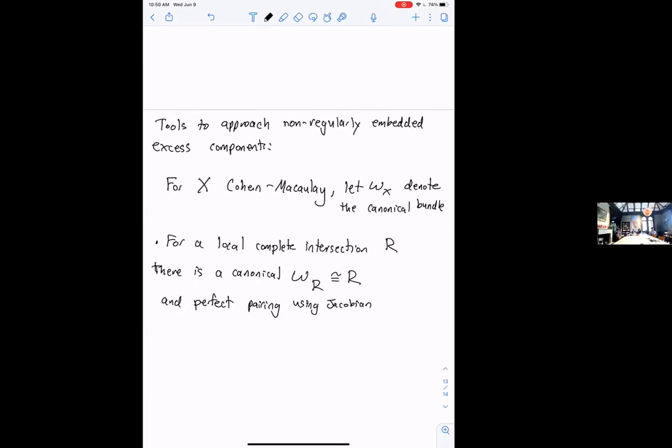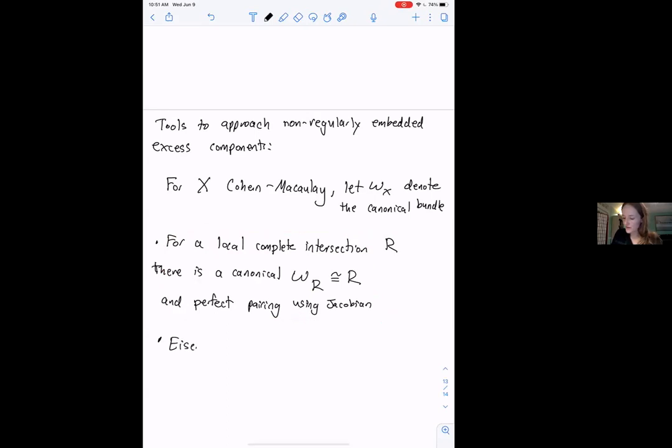But it says that local complete intersections are even better than Gorenstein. They have a canonical perfect pairing associated with them. So Eisenbud and Ulrich generalize this to a canonical pairing when you're not a local complete intersection. So when you could have some excess.